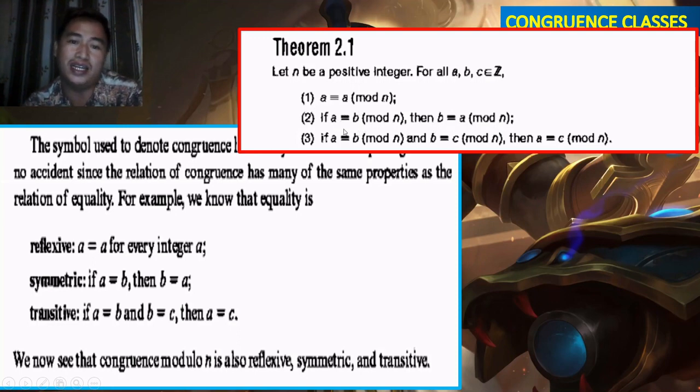So, that is the symmetric property. Then, number 3, if a is congruent to b mod n, and b is congruent to c mod n, therefore, a is congruent to c mod n. So, parehas na sa transitive property of equality.